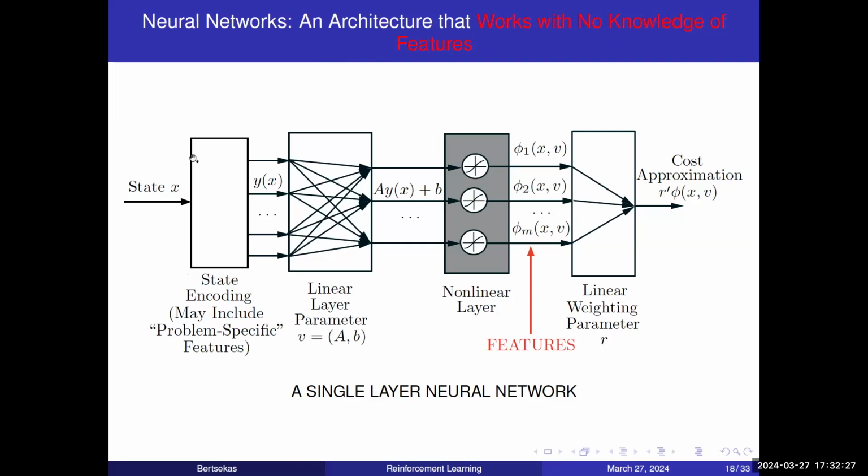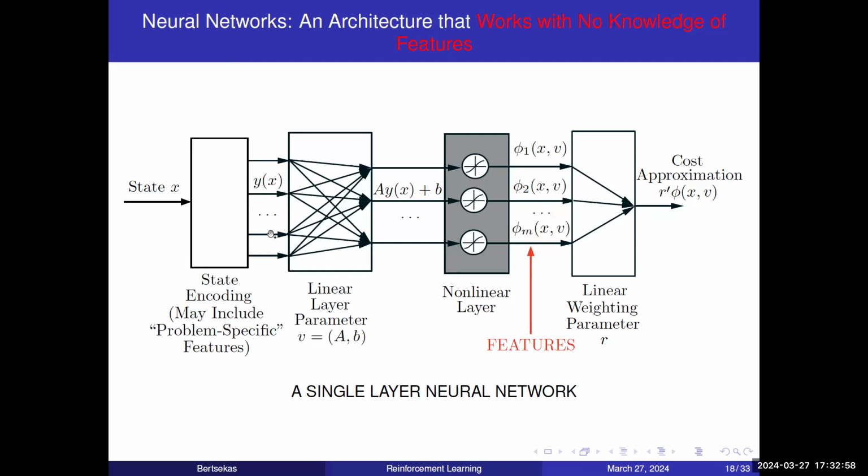Of course, it may still help to do some state encoding, that is, given the state that defines the problem, we may use some architecture, which we refer to as state encoding, to construct some features, which is a mapping from x to y.